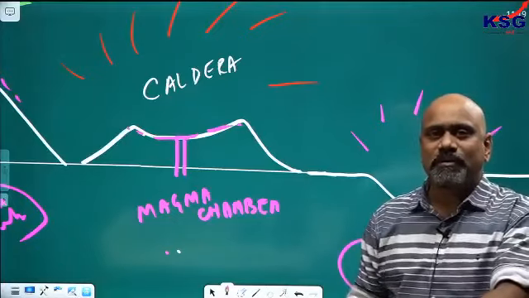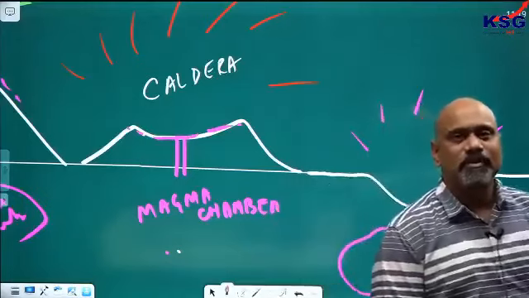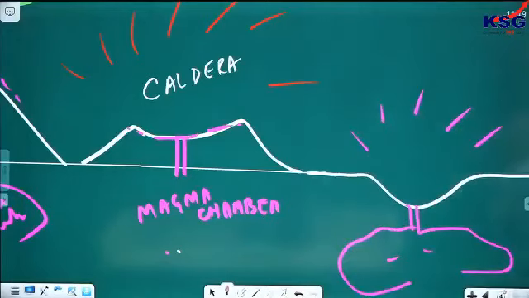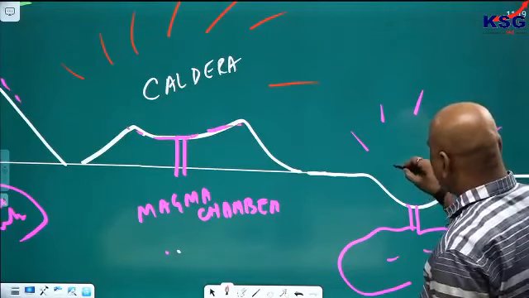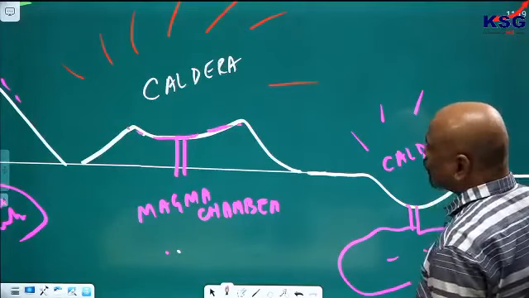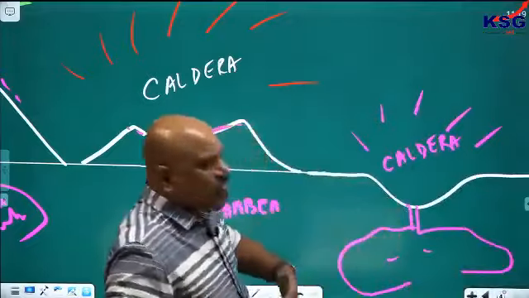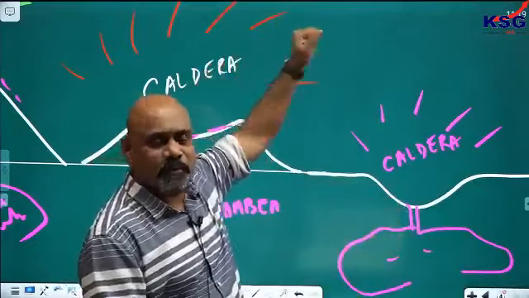In some regions of Africa you will find this negative relief: crater, caldera, huge super caldera. This is also a caldera. Due to a huge explosion maybe, everything of the relief will be thrown up. This is also a caldera.